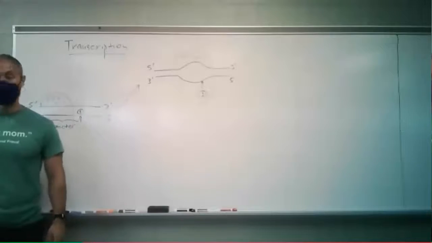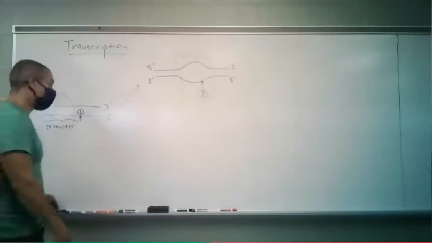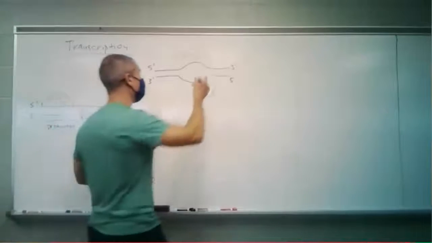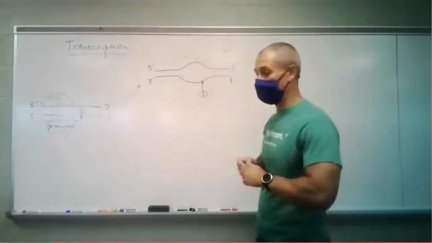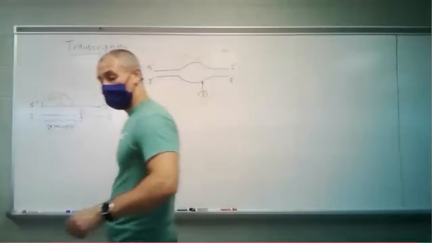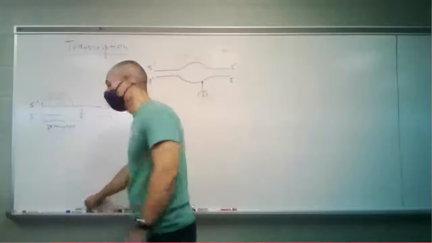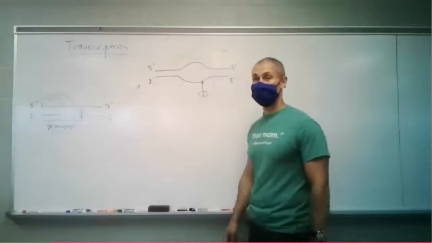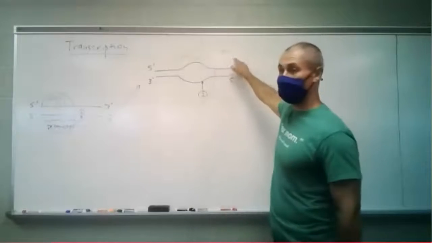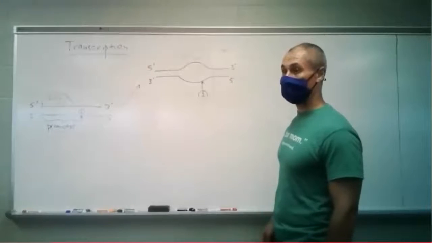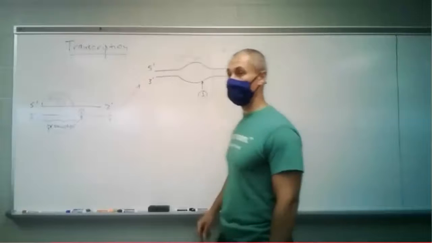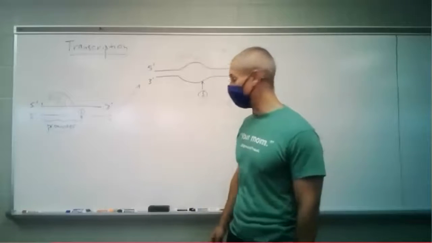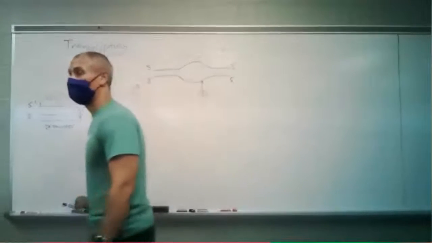We good? Now, remember I told you that DNA is always read from 3' to 5'. So here's my question. Which of these strands is going to be read? That's the direction of transcription. Which of these strands is going to be read if reading is always 3' to 5'?